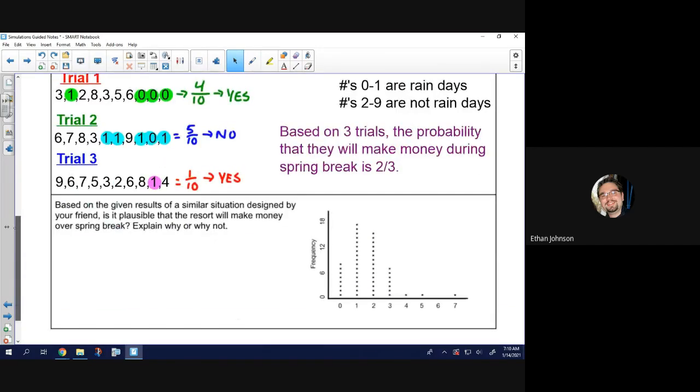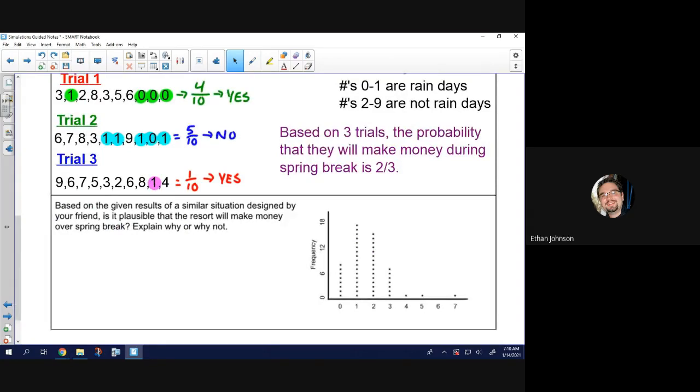So keeping that in mind, we know 0 and 1 are still rain days. All of the other numbers are not rain days. So based on the given results of a similar situation designed by your friend, is it plausible that the resort will make money over spring break? Explain why or why not.